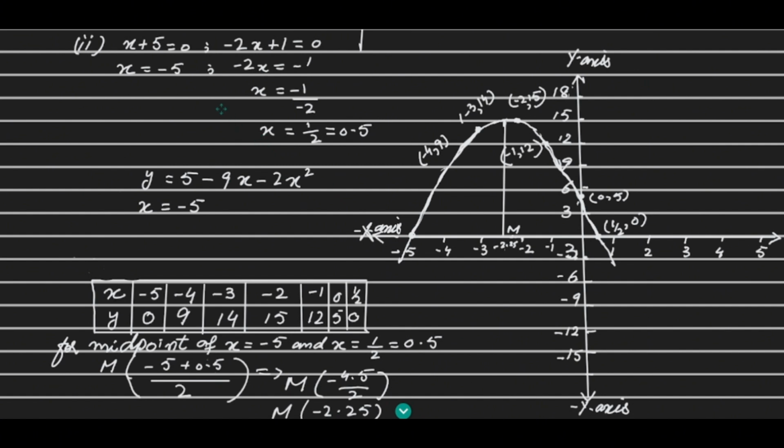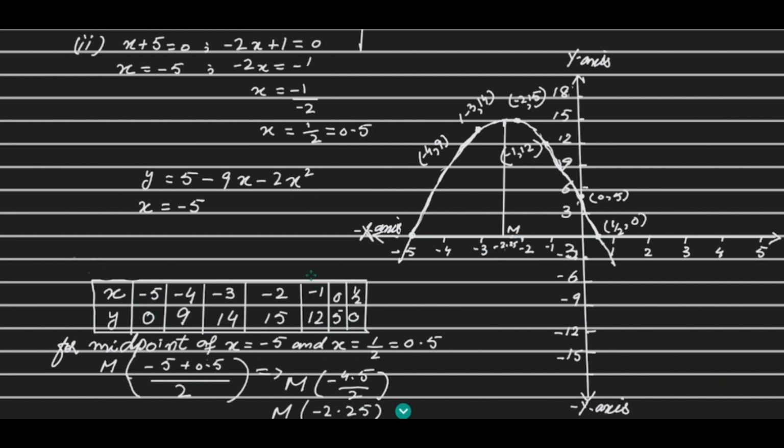For stationary values, we have x equal to minus 5 and x equal to 1 by 2 or 0.5. We have the equation y equals 5 minus 9x minus 2x squared, and we make a table for values of x from minus 5 to 0.5: minus 5, minus 4, minus 3, minus 2, minus 1, 0, 1 by 2 or 0.5. We get y values 0, 9, 14, 15, 12, 5, 0.